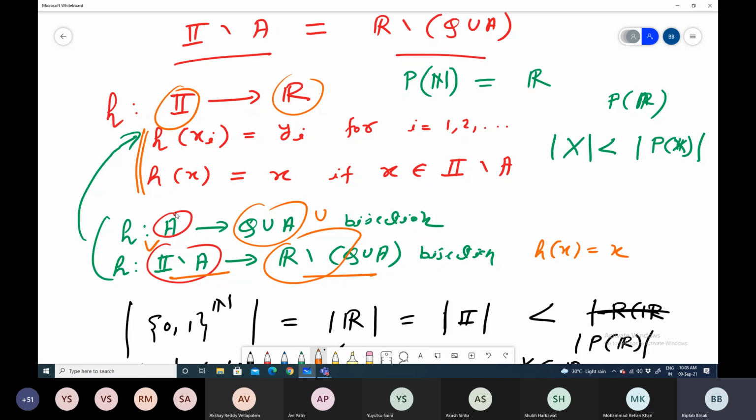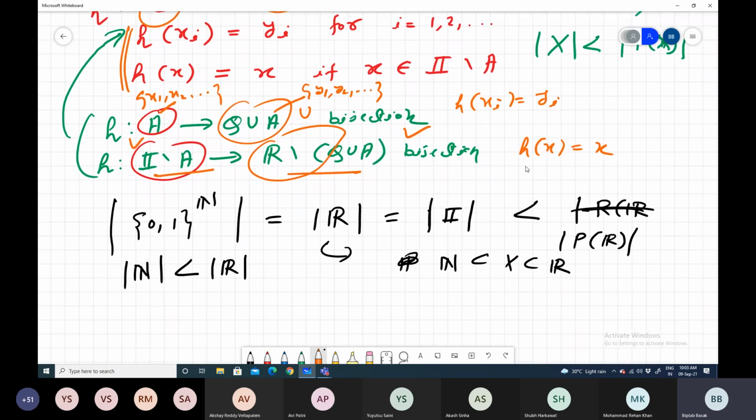And this is a countable set, and this is a countable set. So this set was x1, x2, and so on, and this is the set y1, y2, and so on. So we define the map h of xi equal to yi. That means x1 goes to y1, x2 goes to y2, x3 goes to y3, and in that way this is also a bijection.